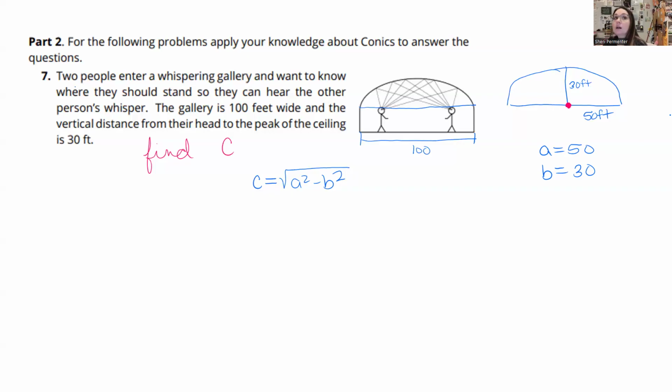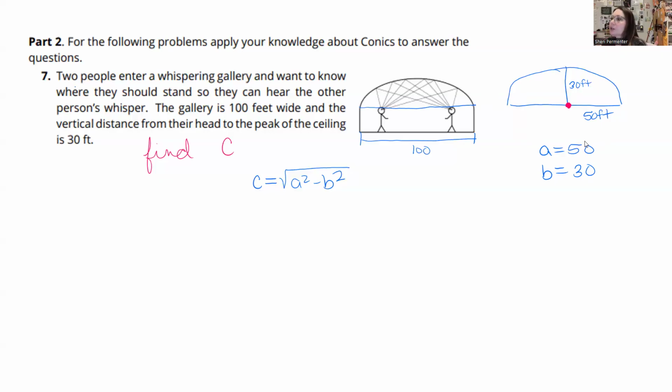A is the distance from the center to one of the vertices. Remember that A and B are kind of like the radius in each direction. So for this one, I would go up 30 and down 30 if it was a true ellipse, and out 50 in both directions.